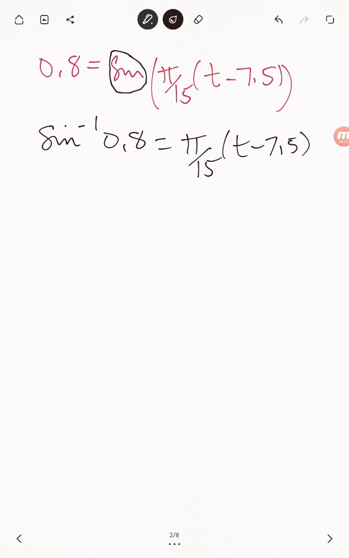The sine inverse of 0.8 is just like when we're finding the related acute angle. So first thing we need to do is locate the quadrants that we're in. Sine is positive, therefore we're in quadrants 1 and 2. And we want to find that related acute angle alpha on both sides here.